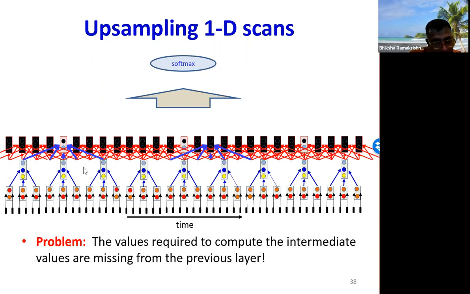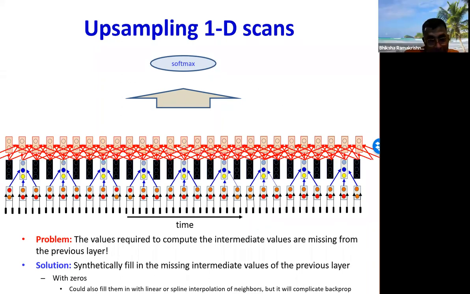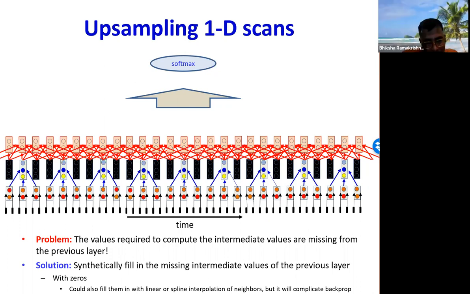Because I'm filling in zeros below, so they're all going to be 0 valued. So if you want to upsample a width 1, it really makes no sense. Does it make sense to you?